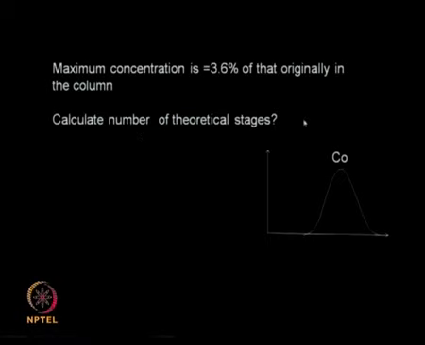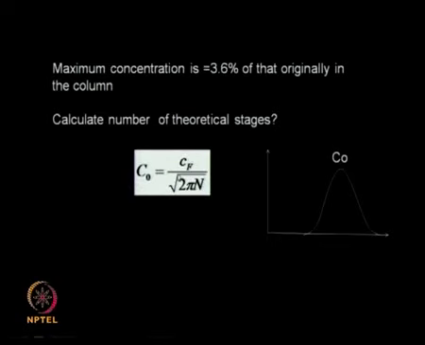Now we want to calculate the number of theoretical stages. So which equation do we use? If you remember, there is an equation relating C naught with Cf, that is whatever is there in the original: C naught is equal to Cf divided by square root of 2 pi n. So C naught by Cf is 0.036. From there we have to calculate n, the number of theoretical stages.